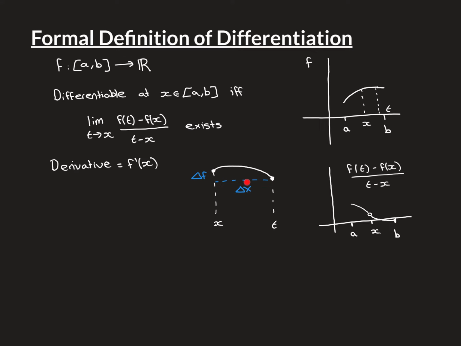So we can draw a little triangle here, and this little side here is going to be that top part of the quotient here, the change in f. And then the bottom part, t minus x, that is how much you've changed in the x direction. So how much you've changed in the domain. So really what this is capturing is rise over run. And it's going to be the gradient of the secant line that connects the 2 points.